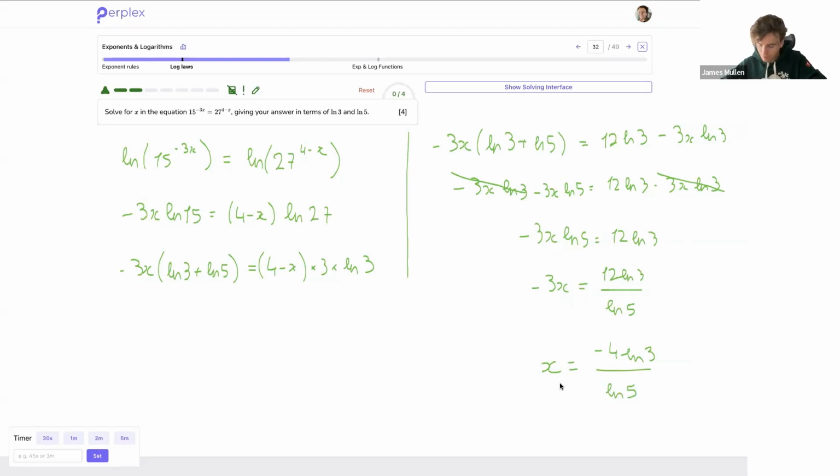Okay, perfect. And by the way, as a side note, I could rewrite this if the question asked me to, using log change of base. And that would be, if I rewrite this as ln of 3 to the minus 4 over ln of 5, this becomes log base 5 of 3 to the minus 4.